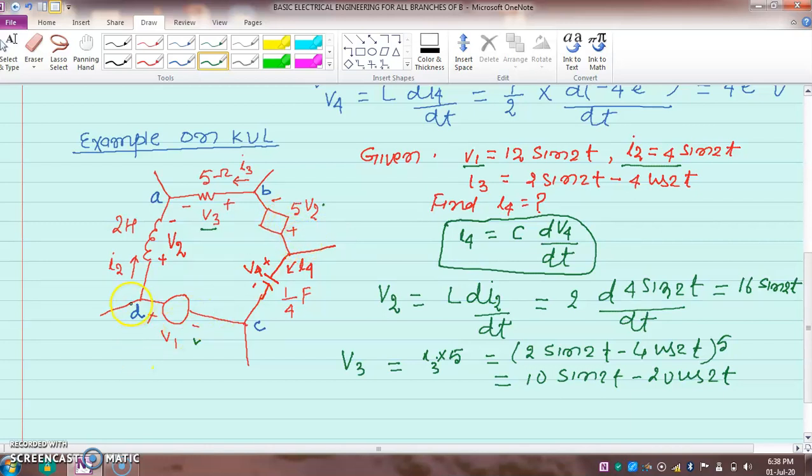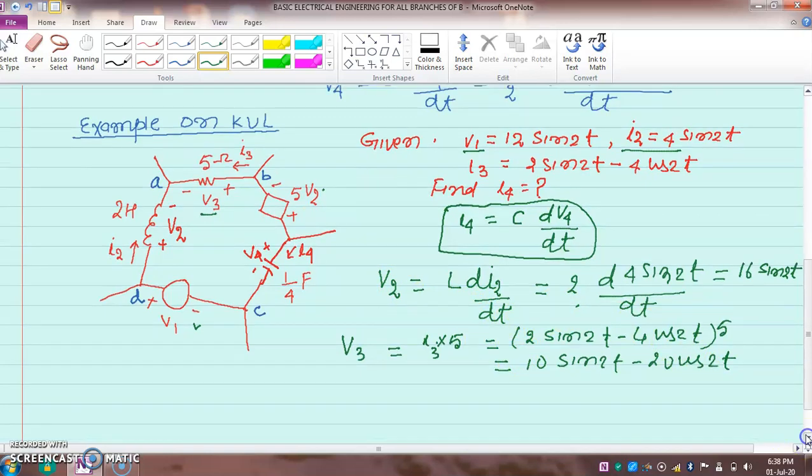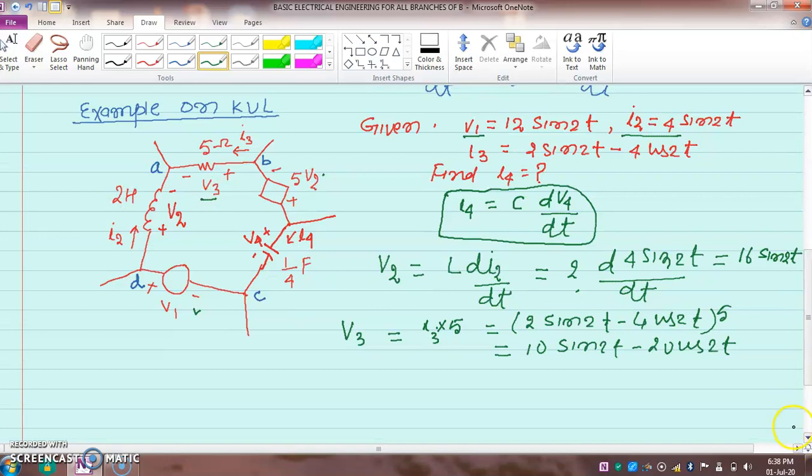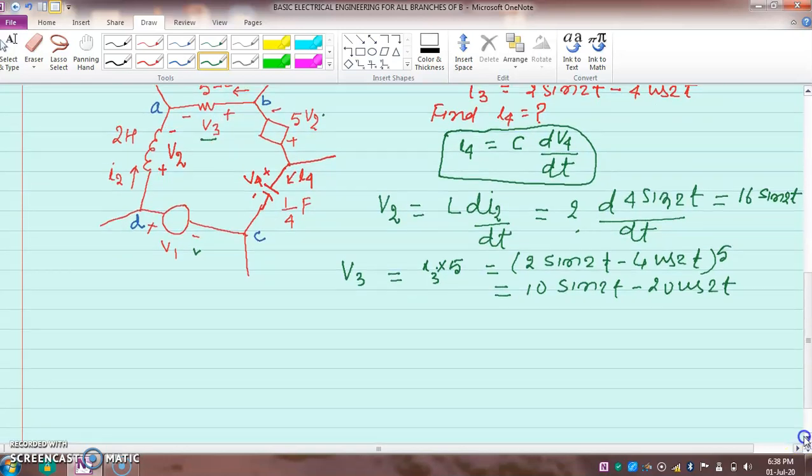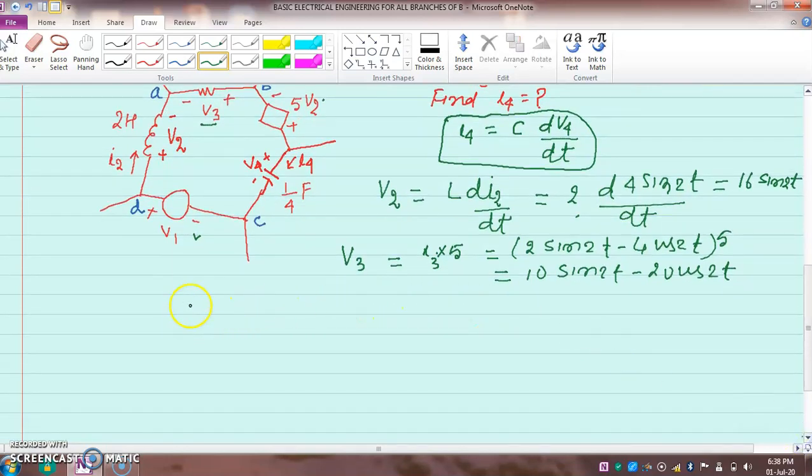So we can find the value of V4 very easily. To calculate V4, we need to apply Kirchhoff voltage law. Let us apply KVL for the closed path A, B, C, D, A. Starting from here, going here, it is a voltage rise.